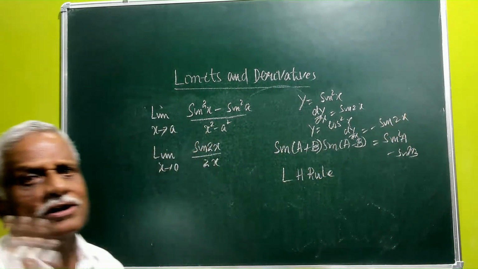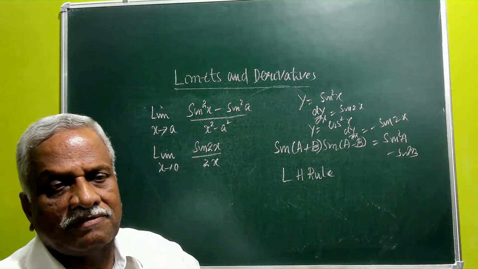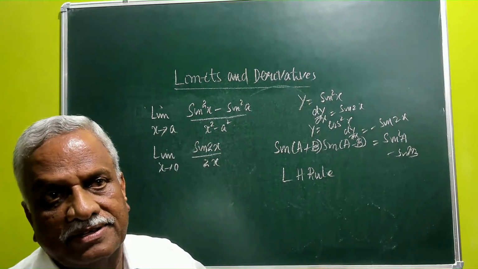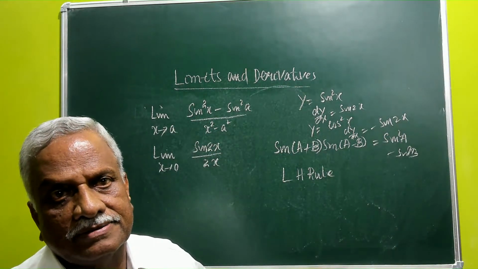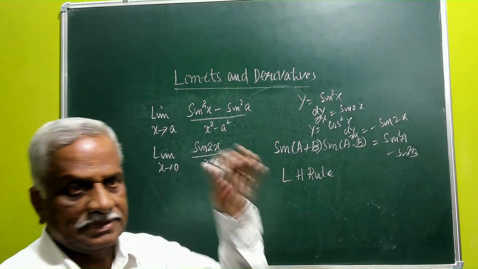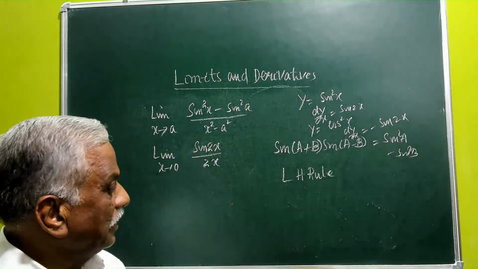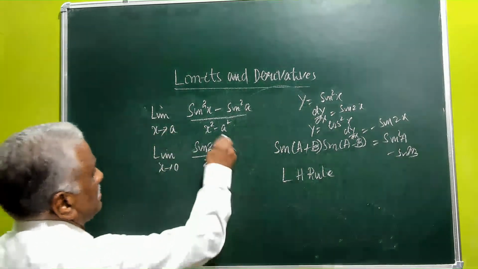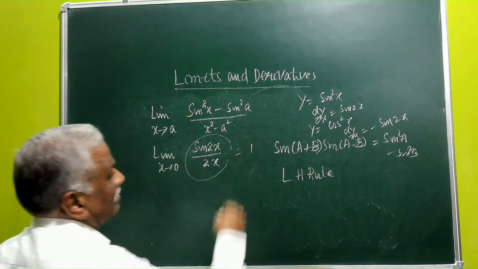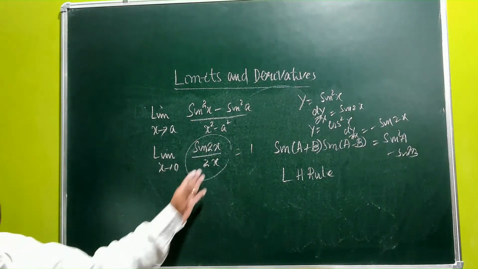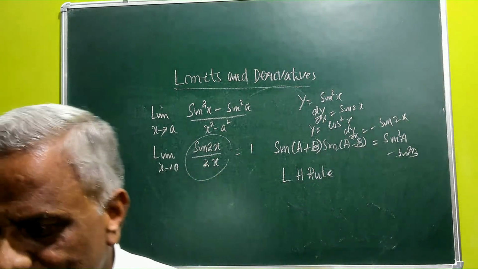So this is all a very shortcut method. So what is this? This is equal to 1, because sin m theta by m theta is equal to 1.